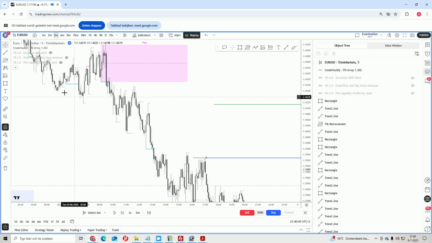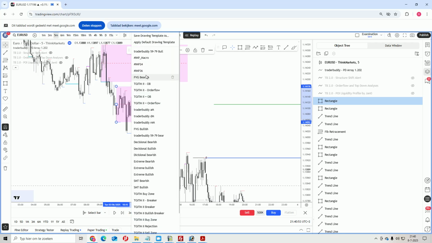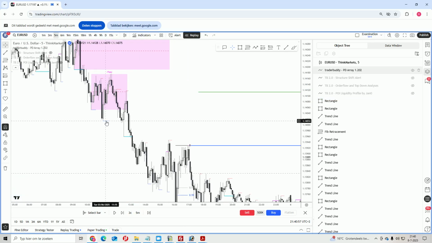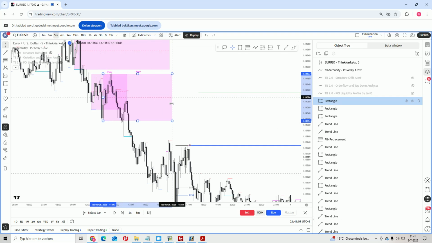At that candle, then you draw a box there. This is order flow, bearish order flow. Here, is this a valid close? No, it's not. The next candle is a valid close, so you take this one to the highest also, and this is order flow.